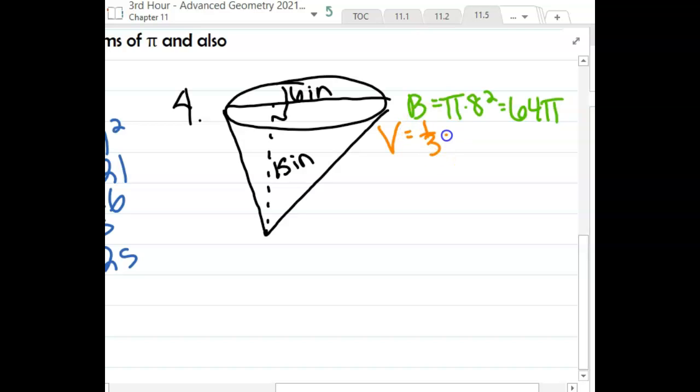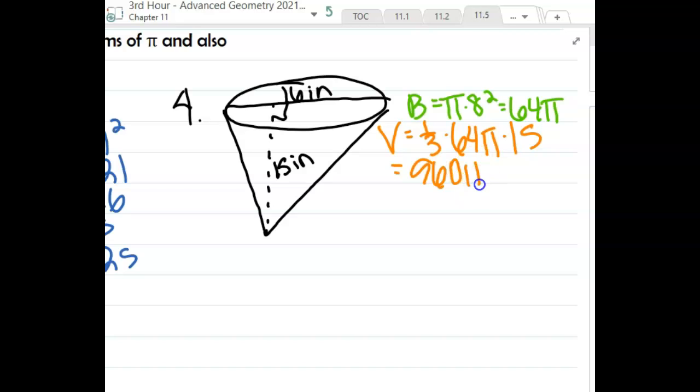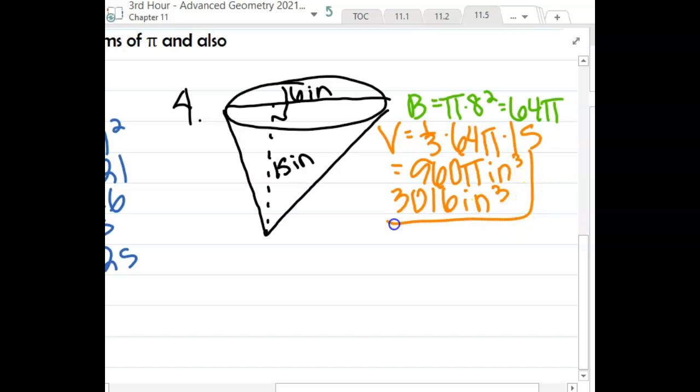We take 1/3 the area of my base times the height of my massive snow cone, which is 15. So in terms of pi, you get 960 pi inches cubed. Estimated to the nearest cubic inch would be 3,016 inches cubed.